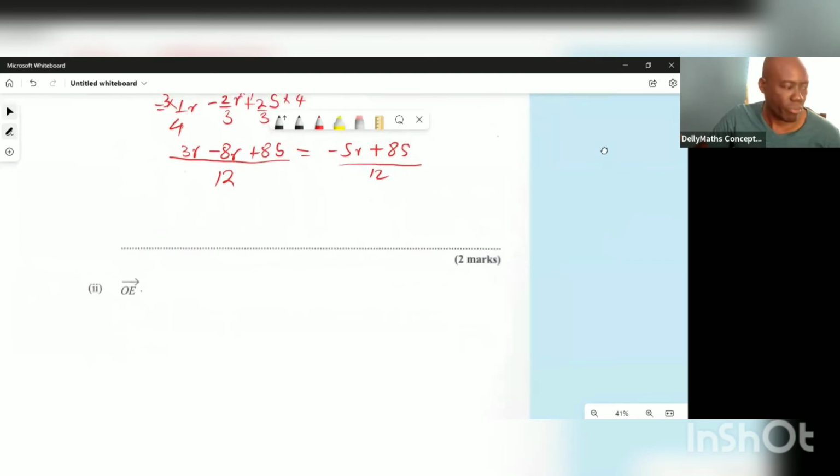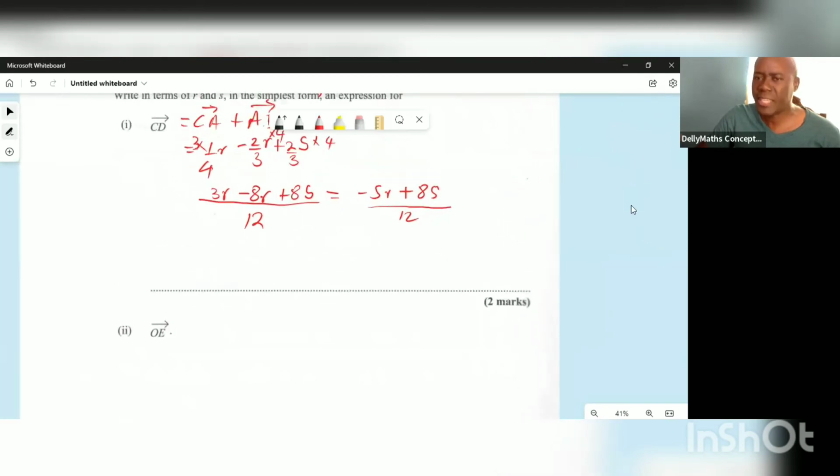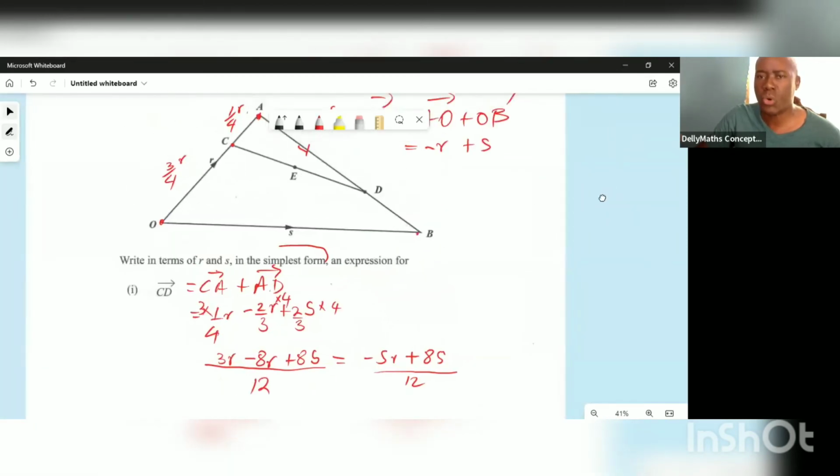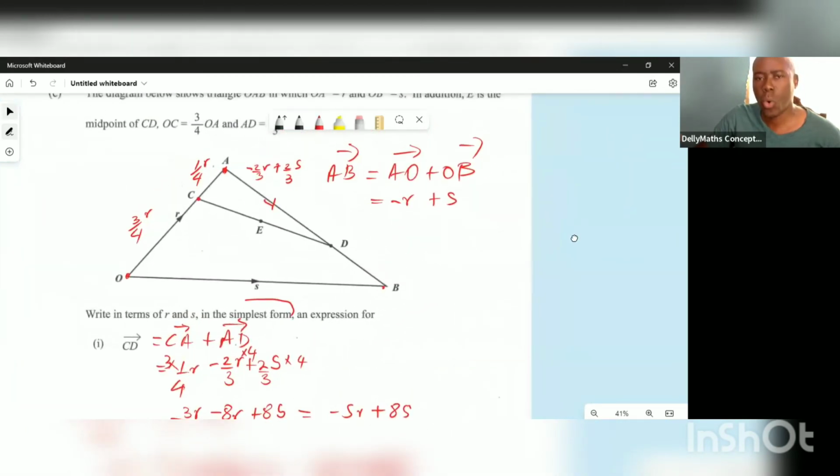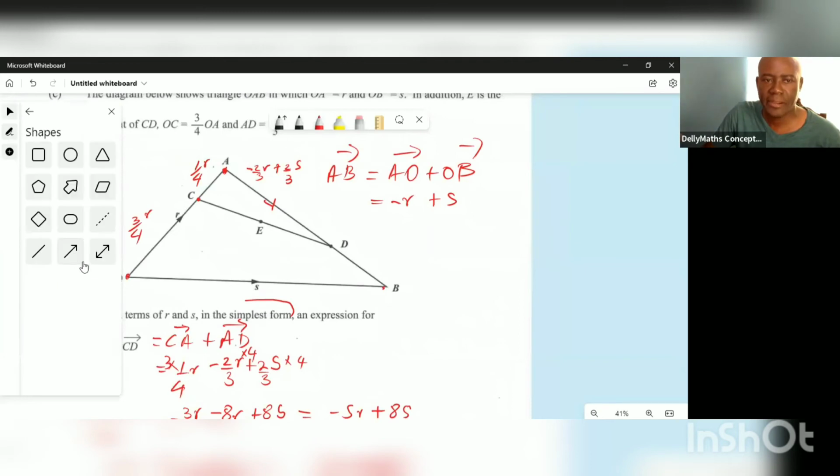OE. Now we're asked to find OE. So let's put it together. Where is O? Where is E? O to E. So we're asked to find this. We're asked to find O, E, right there.